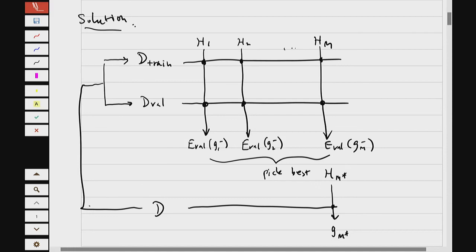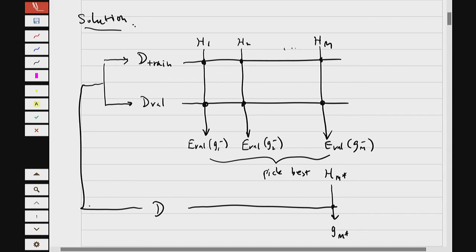And then you pick the minimum among this validation error, of course. You pick the best one among them, so that's your m star, the best model among these m models. Then you retrain this m star model by using the entire set of data, in order to get the final result.